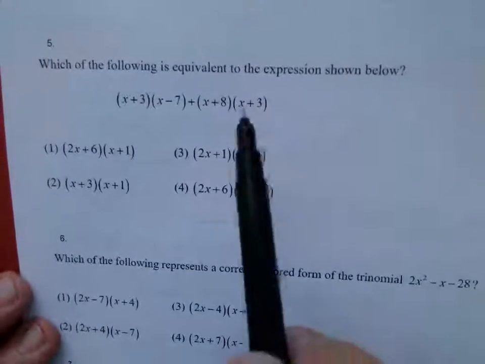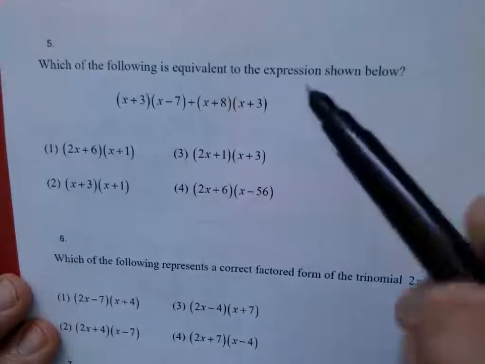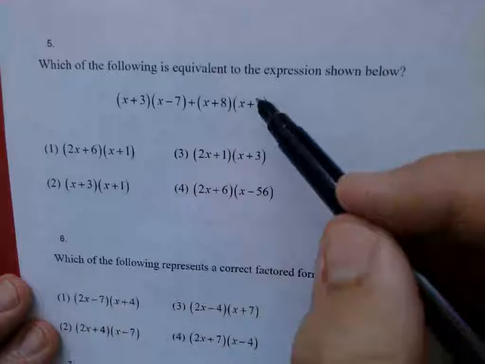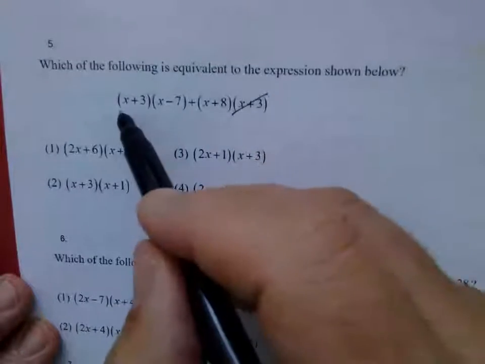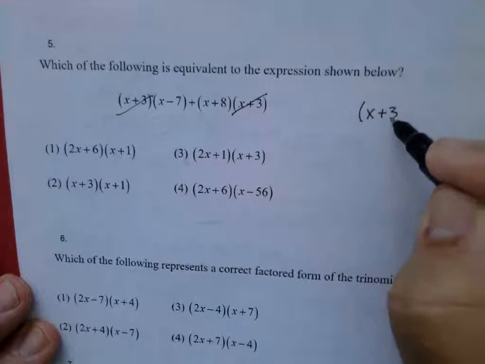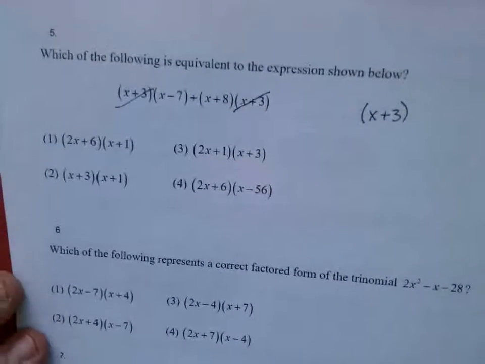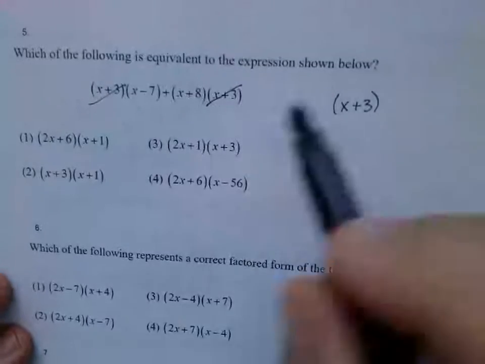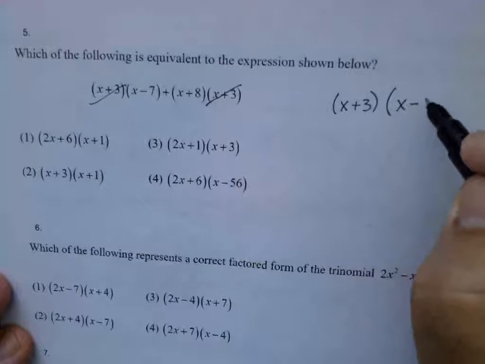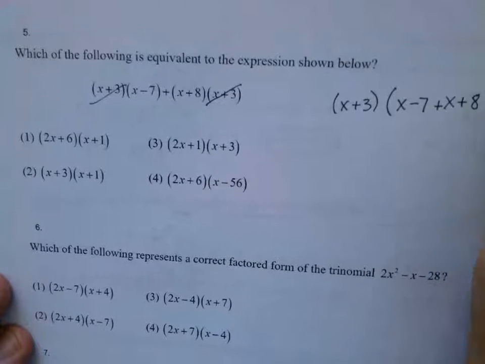Now here we have factor by grouping. So we look and we see that we have an x plus 3 here and an x plus 3 here. So they're common, so we can take those out and make them 1 factor. Then we put what's left in 1 parenthesis. So we have x minus 7 plus x plus 8.